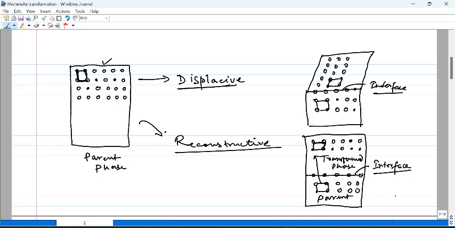But this does not require the bond breaking that we had in case of the reconstructive mechanism, right?